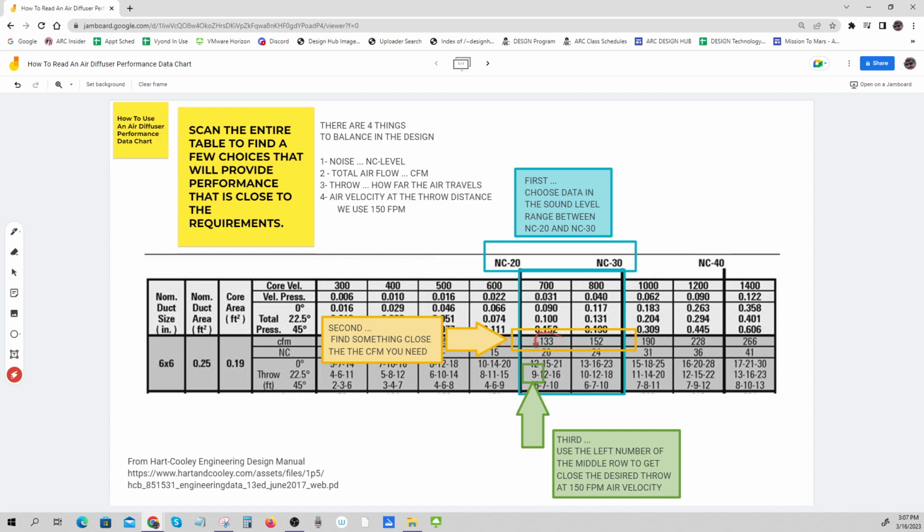It would deliver 133 cubic feet per minute, and it would give me a throw of 9 feet at 150 feet per minute. Then I could use this air terminal, if that matched my requirements, for a 6x6 duct. There we go. That's how you do it.